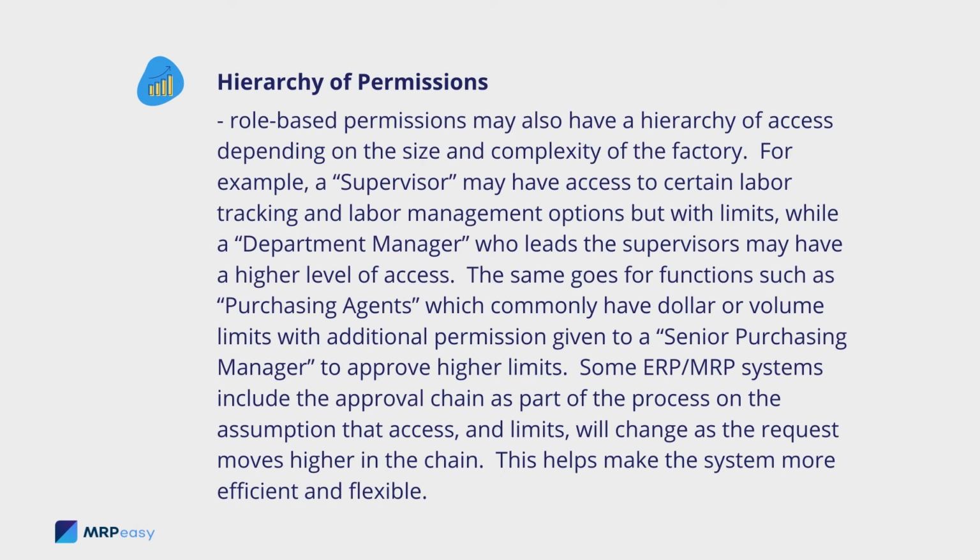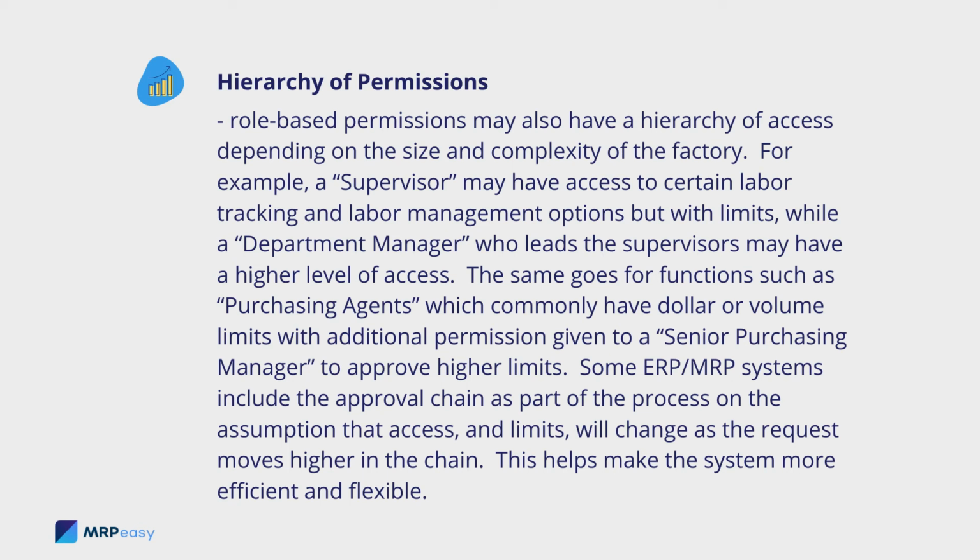Hierarchy of permissions. Role-based permissions may also have a hierarchy of access, depending on the size and complexity of the factory. For example, a supervisor may have access to certain labor tracking and labor management options, but with limits, while a department manager who leads the supervisors may have a higher level of access.